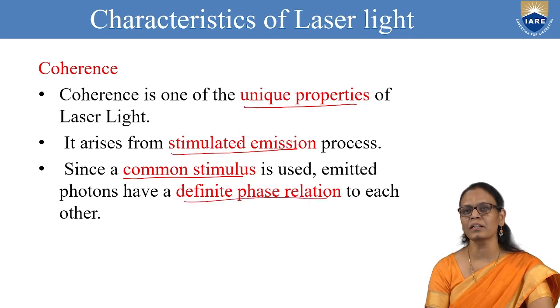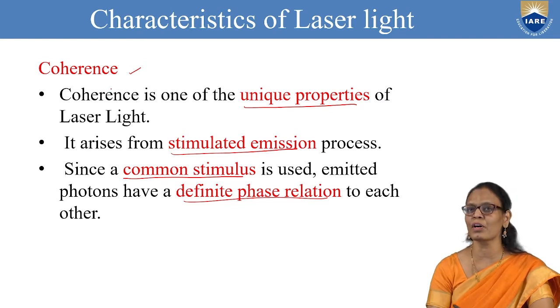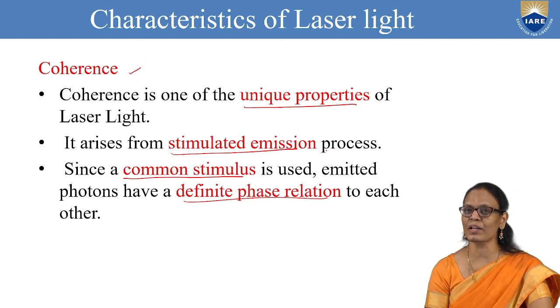These are the very important terms you need to remember with respect to coherence, a unique property. It is unique for laser. We are using an artificial process, the technique called stimulated emission, and we are using a common stimulus, and therefore the emitted photons have a definite phase relation, or they are in phase with each other.